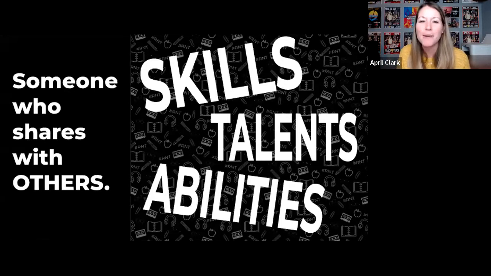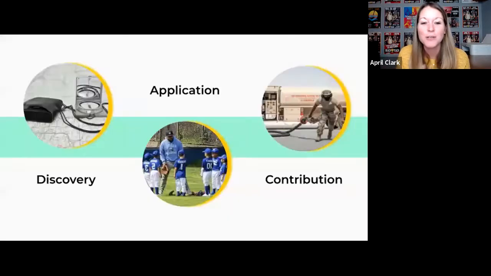So we're going to talk about 3 things tonight that's going to help us as teachers really cultivate our students to become productive citizens of society. Those 3 things are number 1, discovery. Number 2, application. And number 3, contribution. Those 3 things we are going to talk about as we go throughout this workshop tonight.